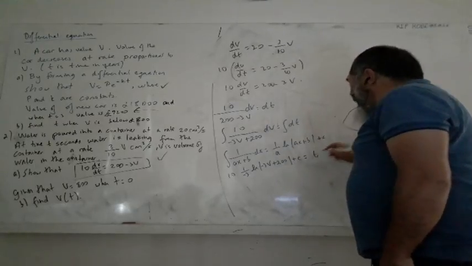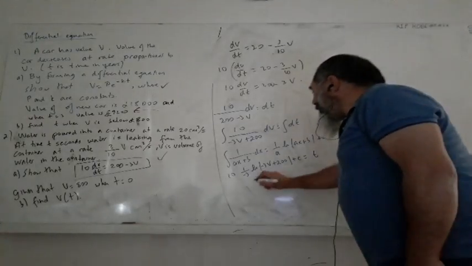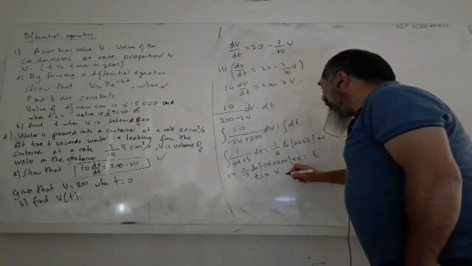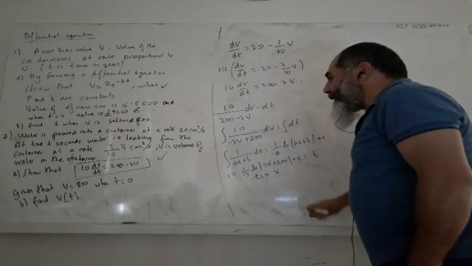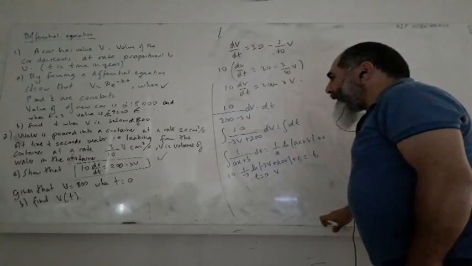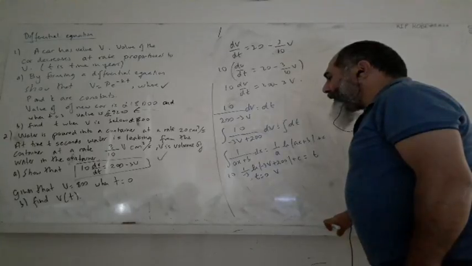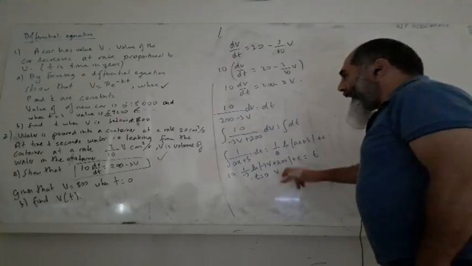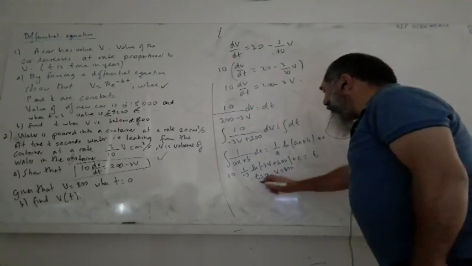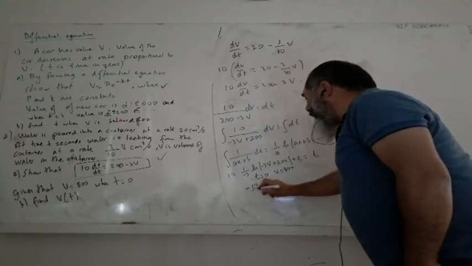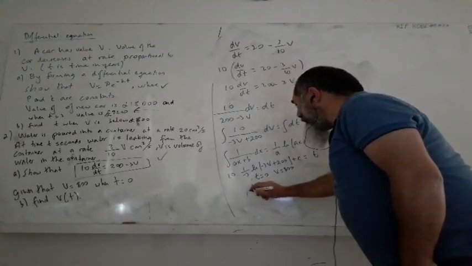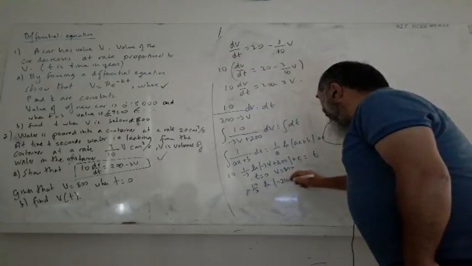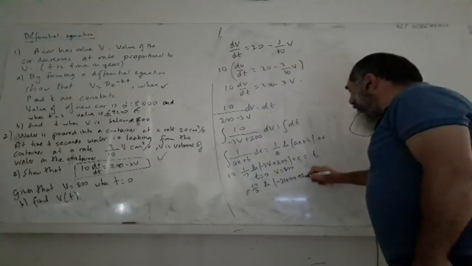So when t is equal to 0, V is 800. So minus 10 over 3 ln of 2400 plus 200 plus c is equal to 0.